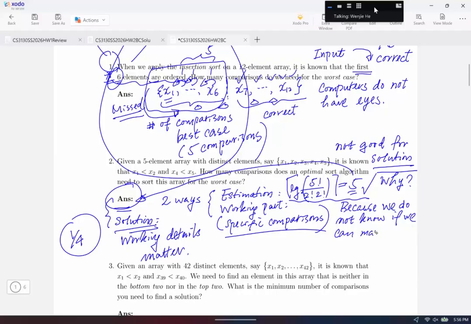You may not be able to do it, right? So your estimate, this is your estimate. What you get is a lower bound. What you get is a lower bound. So that means nobody can do better than this number.